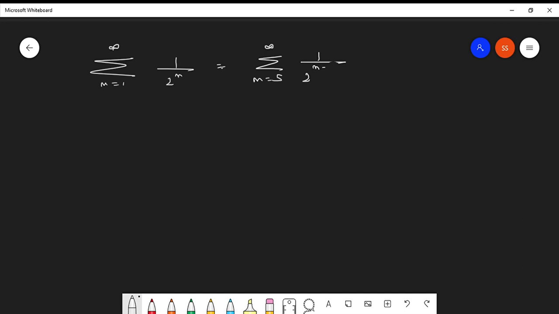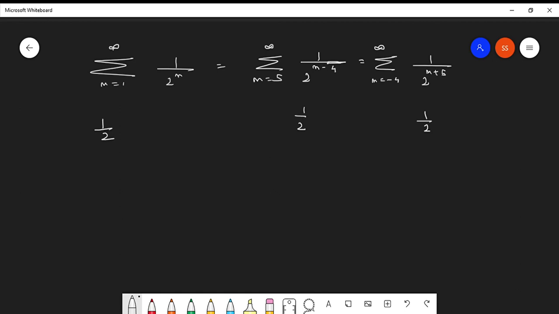If you put n equals 1 in the original, you get the first term as 1 by 2. If you put n equals 5 here, you also get the first term as 1 by 2. You can also write it as n equals minus 4 to infinity 1 over 2 to the power n plus 5. If you put n equals minus 4, you also get the first term as 1 by 2. Is this portion clear? And it will continue. This is what we call reindexing.